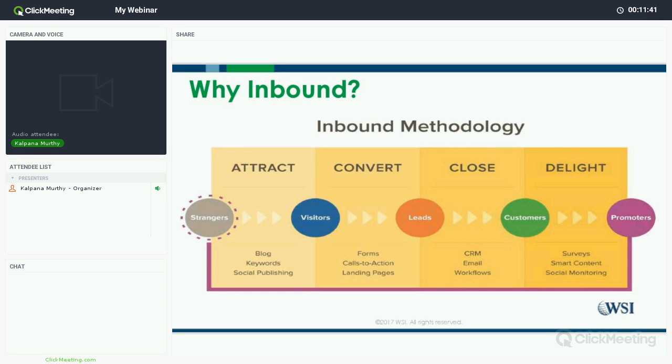Or going on Facebook. So they're doing searches on different platforms, right? So they're using keywords or keyword phrases for those. Once they land on any of these platforms, they become visitors, right? So you attracted these strangers to become visitors.